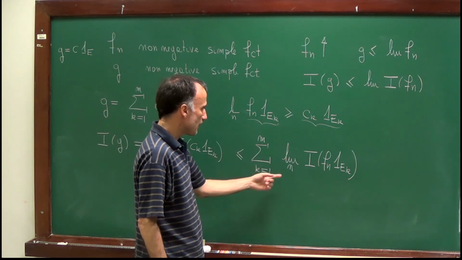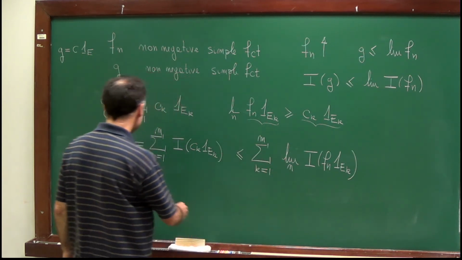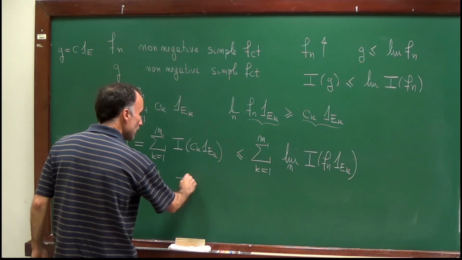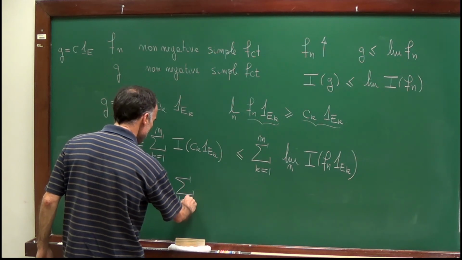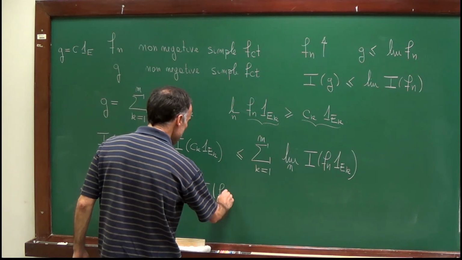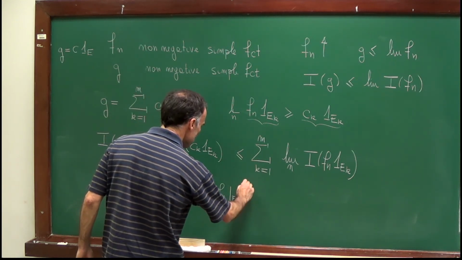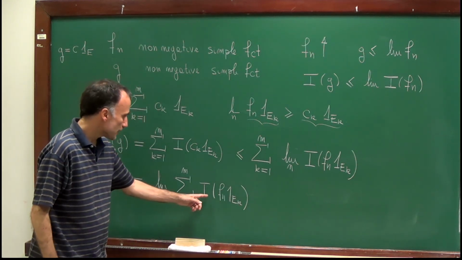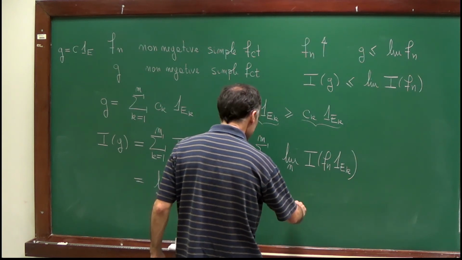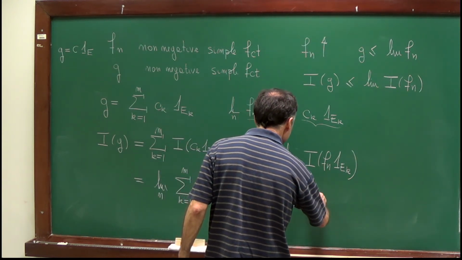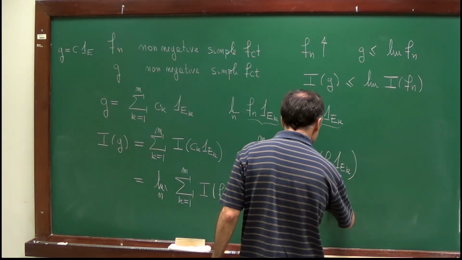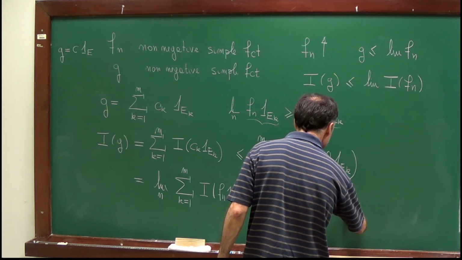Well, now this sum is finite, so I can exchange the limit with the sum to obtain that the last term is equal to the limit of the sum from 1 to m of I(fn ek, the indicator of ek), and use again the linearity to say that this is the limit of the integral of the sum from 1 to m of fn ek.